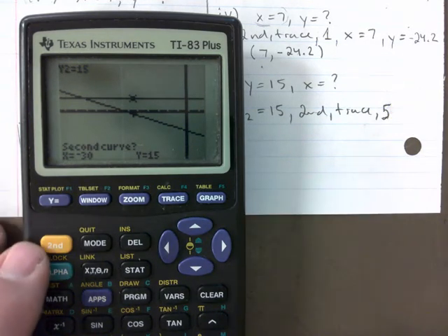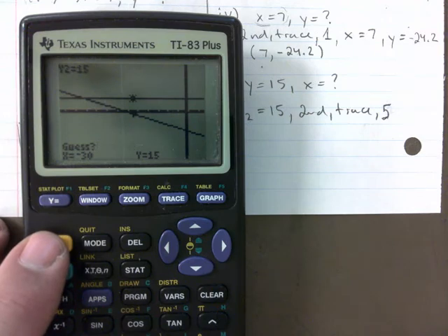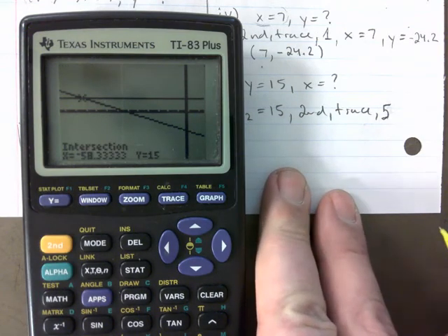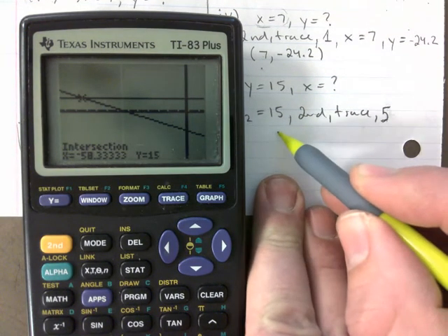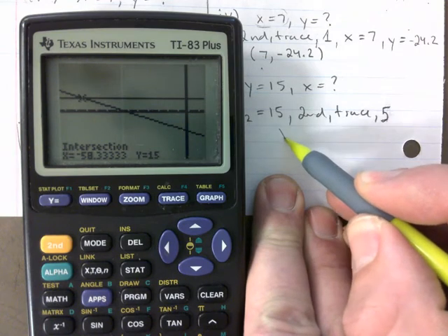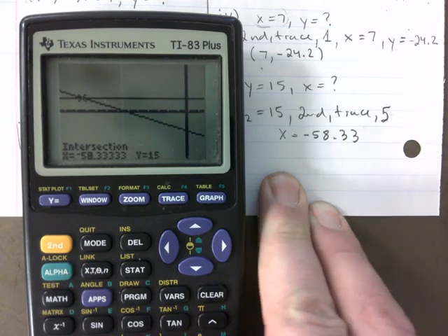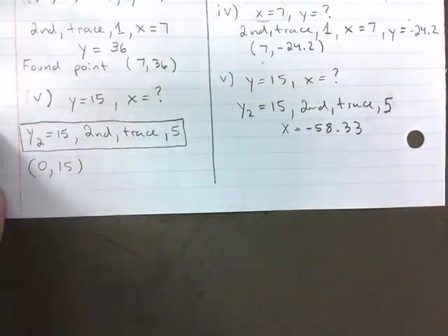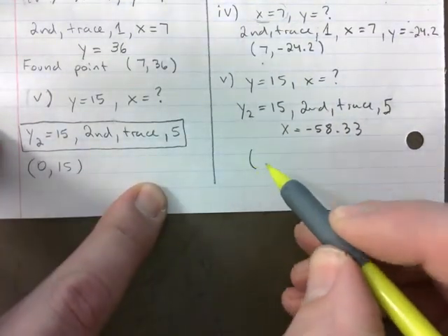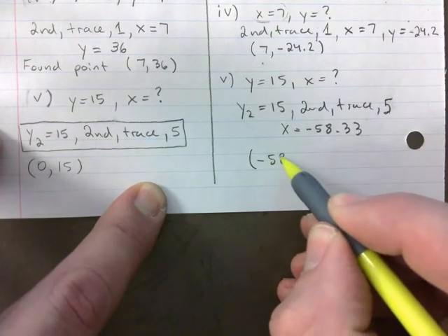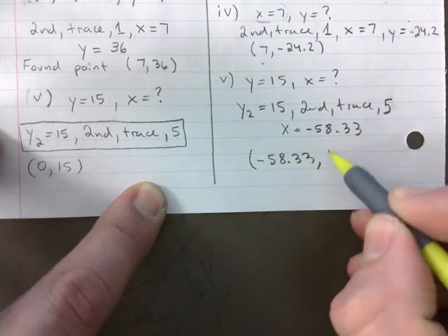There's so much to explain that I kind of lose my focus a little bit. So you get X is equal to negative 58.33. So 2 decimals if that happens. So we found the point negative 58.3315.